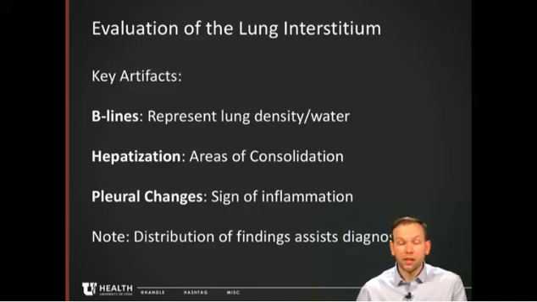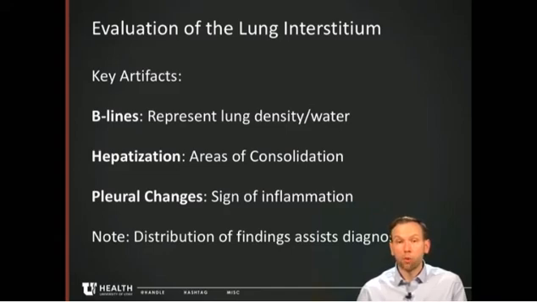So some of the key artifacts: we talked about B lines, which represent lung density or water. There's also this nomenclature for hepatization. If you've ever looked at a liver through ultrasound, you know that it has a distinct appearance, and the liver doesn't contain any air.